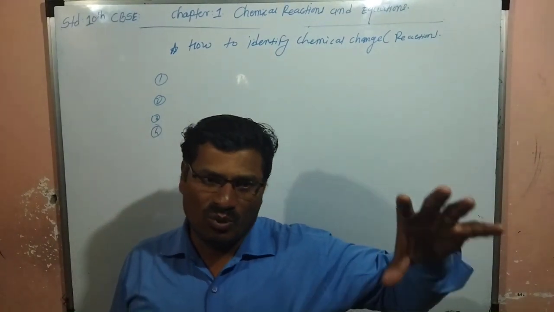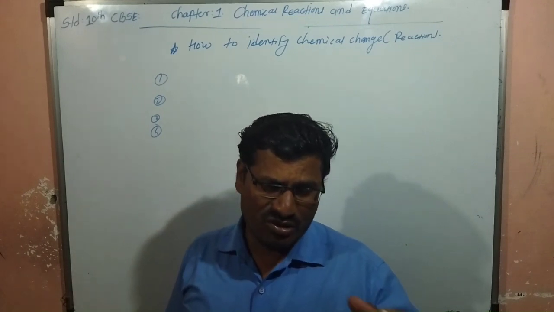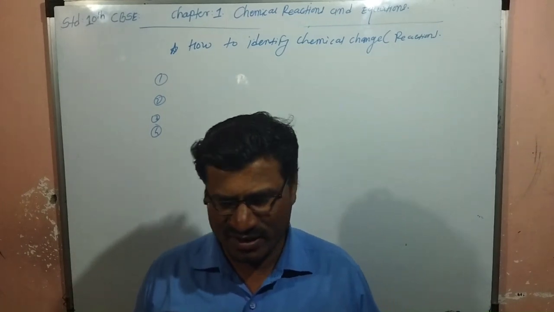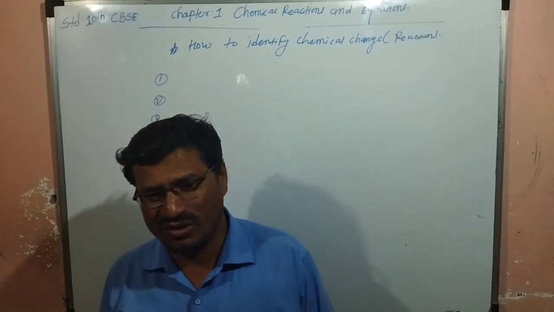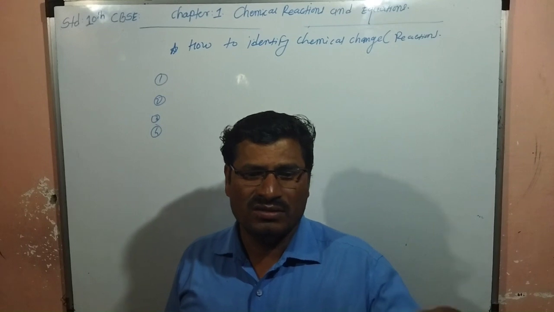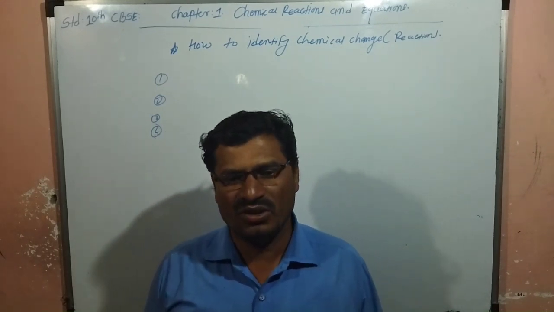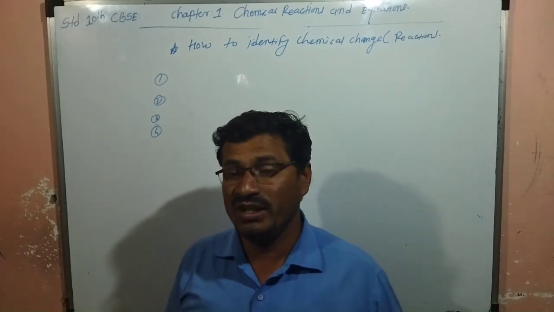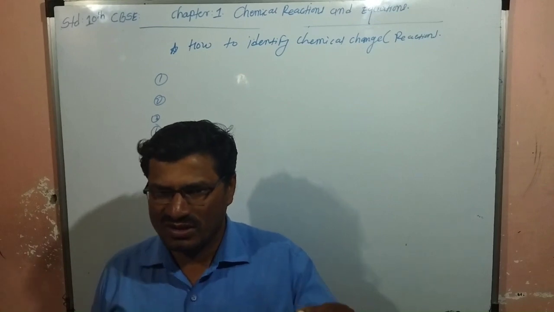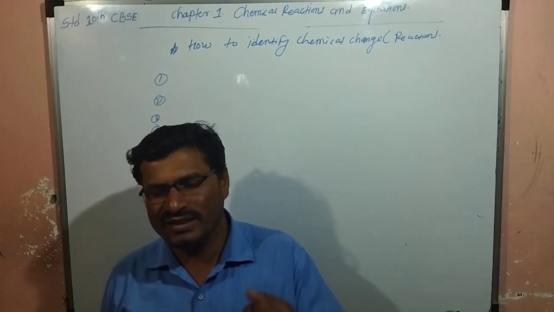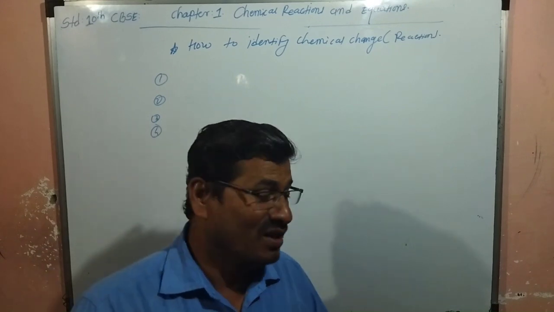From the overall activities we have studied, if evolution of gas takes place, a chemical reaction takes place. If state of the substance changes, a chemical reaction occurs. If change in temperature takes place, then also a chemical reaction occurs, and formation of precipitate also. So state changes, color changes, evolution of gas, temperature variation, and formation of precipitate.